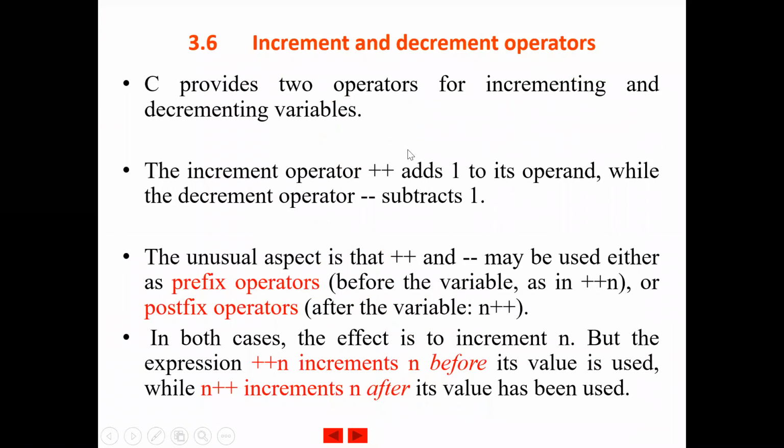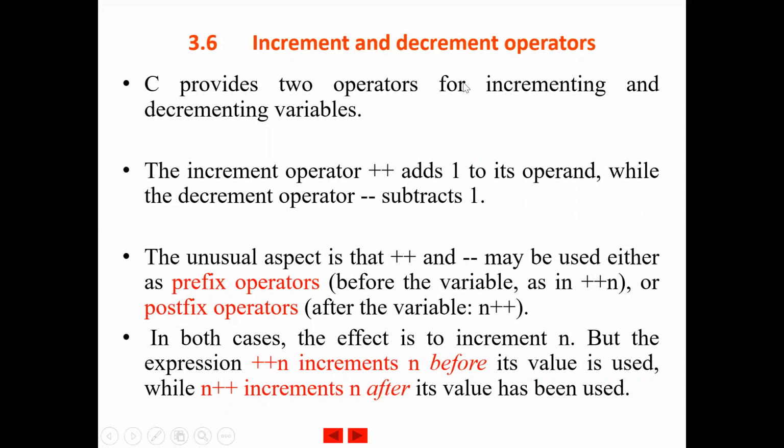That's why. Okay, so we have studied until now arithmetic operators, then relational, then logical, and then assignment operator. Then we are moving on to the next operators, increment and decrement operators. C provides two operators for incrementing and decrementing variables.